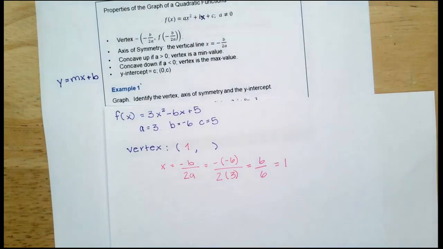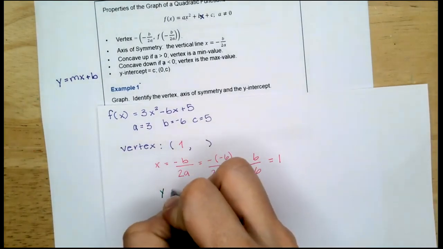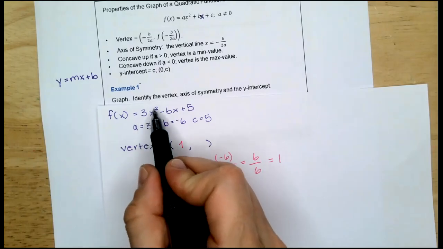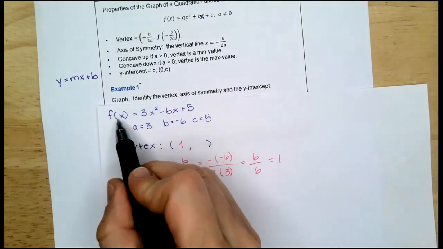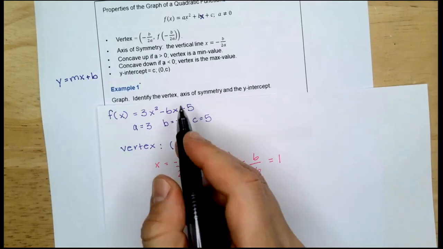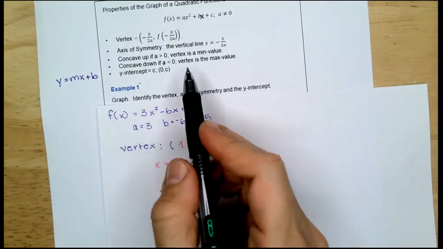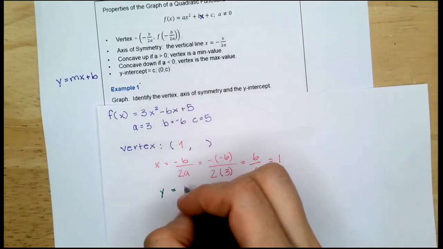What is my y value going to be? My y value is going to be 3x squared minus 6x plus 5, or my original function, but instead of x, I'm putting in a 1. F of negative b over 2a.